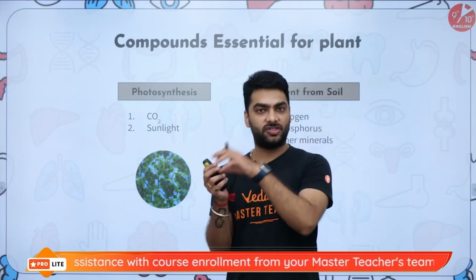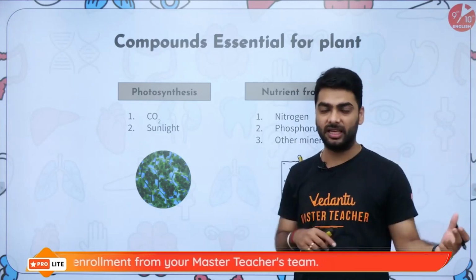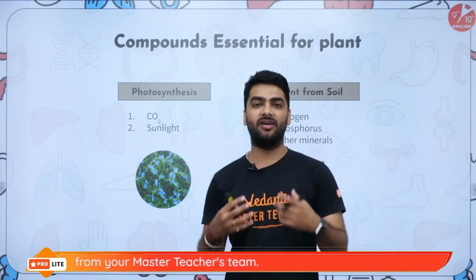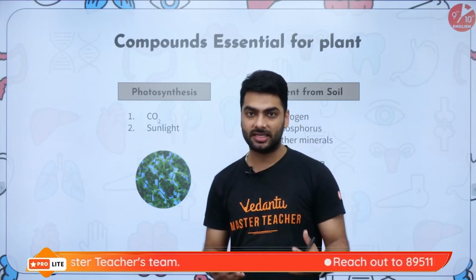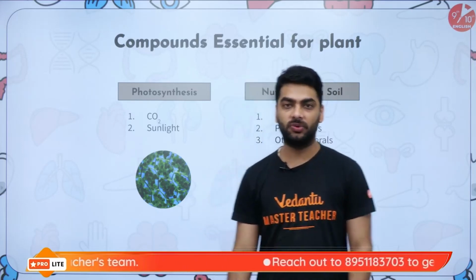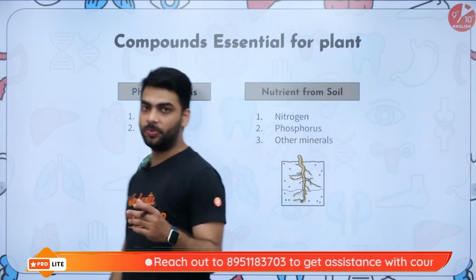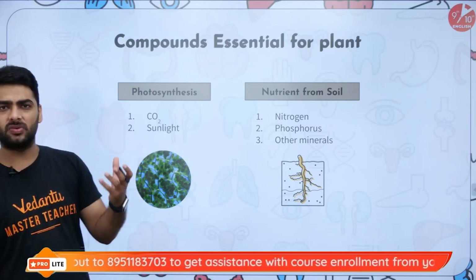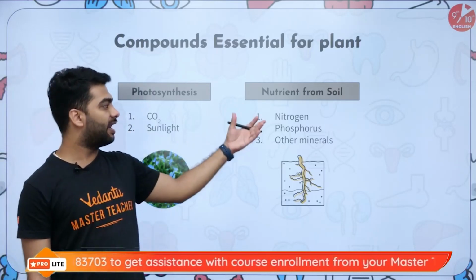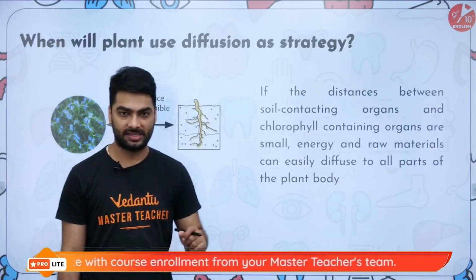Then the plant prepares food, and this food then goes to each and every part of the plant from the leaves. So there is a dense, not very complex, but yes, a very efficient system of transport of nutrients in plants as well. So in photosynthesis, we have got two compounds, carbon dioxide and sunlight. Whereas when I talk about nutrients, we have got nitrogen, phosphorus and other minerals.